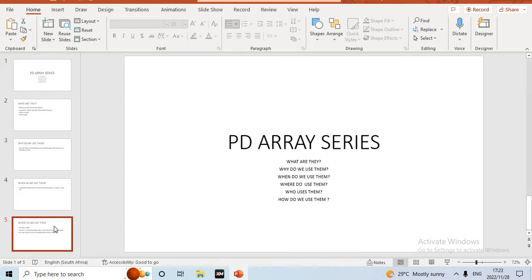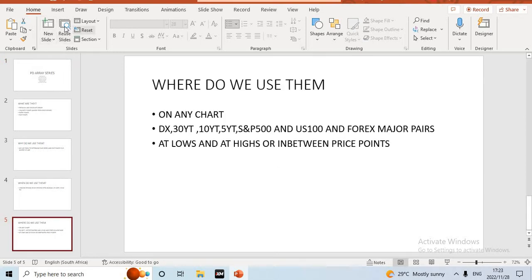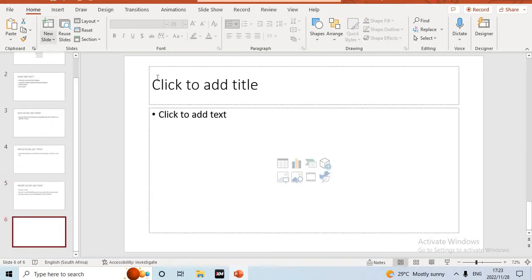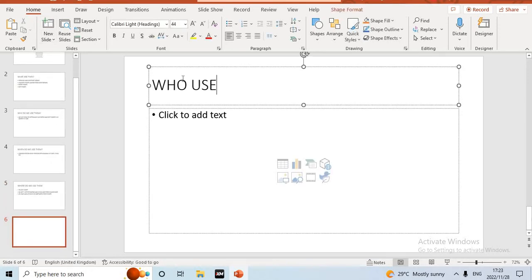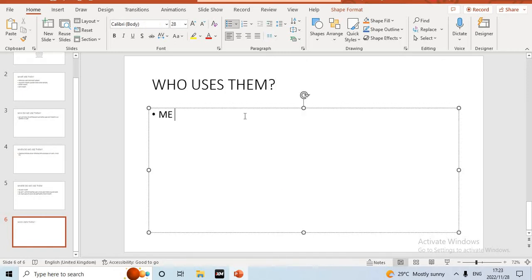Who uses them? Me and you. Well, it's not that simple. Me and you as traders, but who else do you think uses them? It's whoever is in charge of the price delivery system, because they seemingly trade off these price points. They trade from one price point to another, from a discount to a premium, to a premium to a discount.